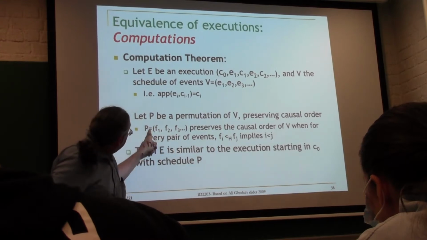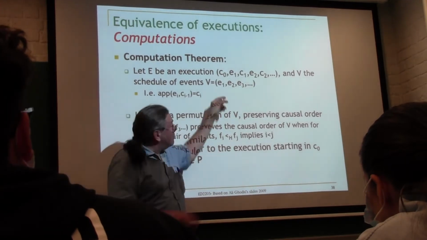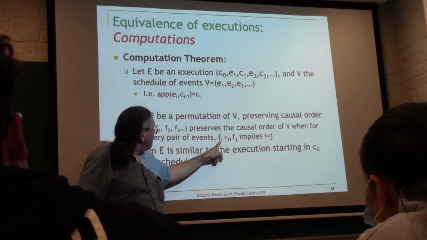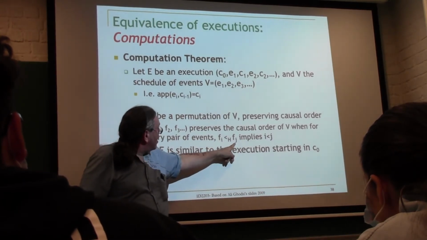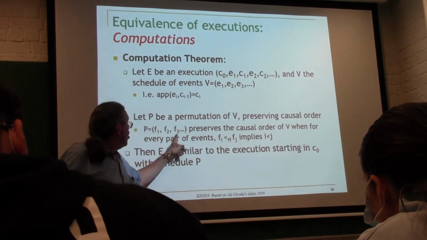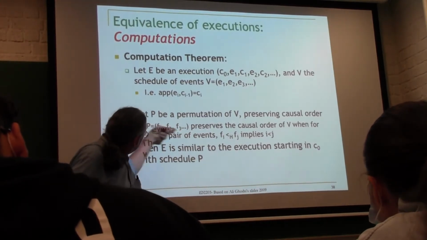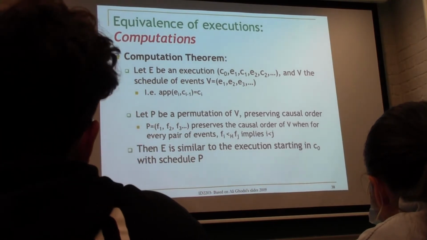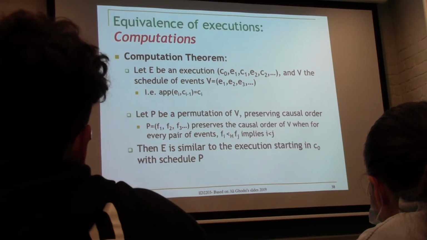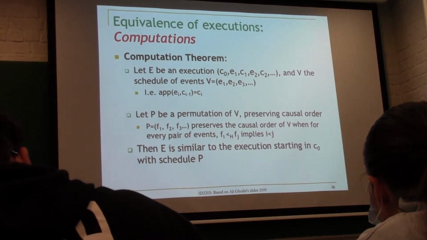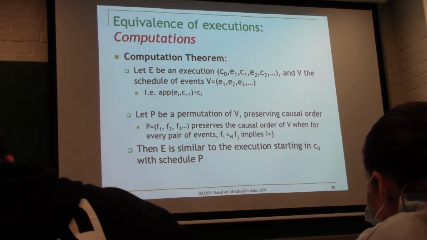So these F events are the same as the E events, but switched around. But if one F event is happening before a J event, I'm sure it's going to be before here, which means in the time, the time is going like this. So I'm never traveling backwards in time. That's logical. So all these executions are going to be similar. If you move events around while respecting causality, nothing's changing.